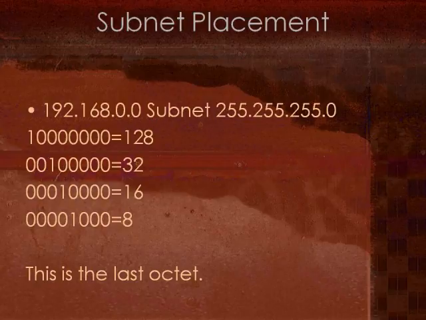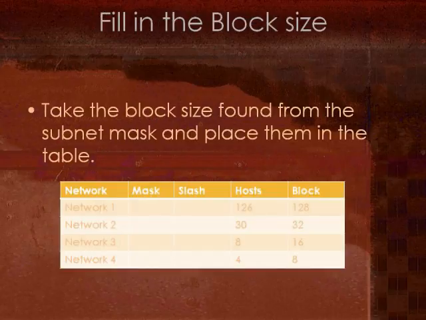The same thing on the last network: we needed 4 hosts, but in reality we need 6 IP addresses, so we need a block size of 8. As you can see in binary, the 128, 32, 16, and 8 are written out. Now all you have to do is write your block sizes under the block column in the table, and we'll continue on to finding the new subnet mask.